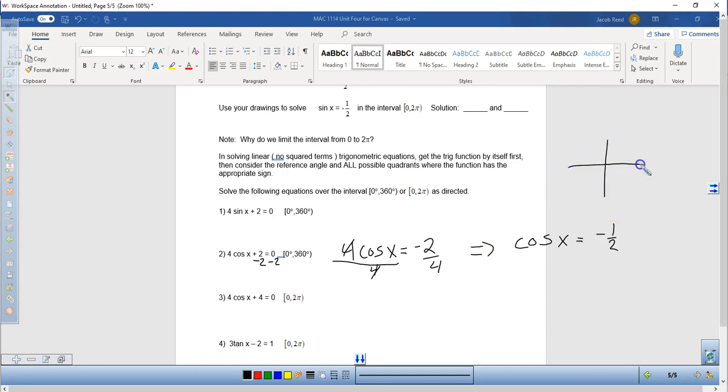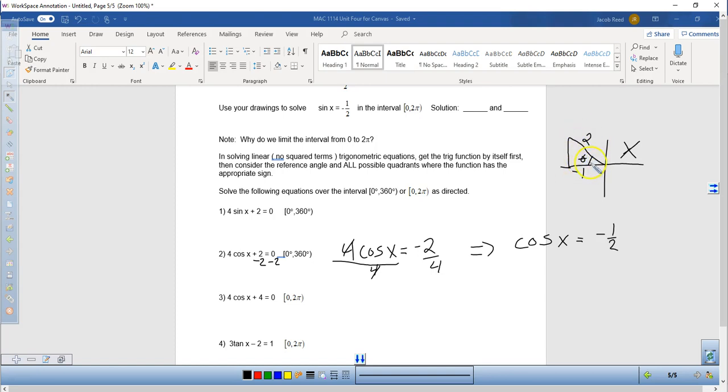So let me draw a picture. Well, cosine is not negative in the first quadrant. So it can't be first quadrant. We're not talking about here. Cosine could be negative in the second quadrant. Where this is our negative 1 and this is our number 2.